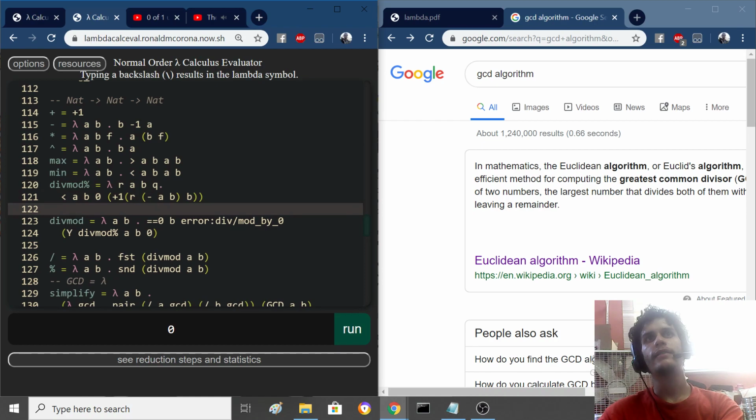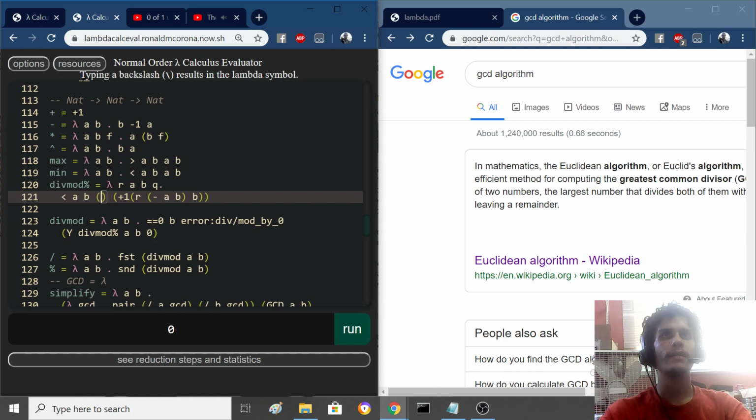So the base case is still when A is less than B. When A is less than B, we'll return this time a pair consisting of the first will be the div and the second will be mod. The div is Q, whatever Q ends up being, the quotient. And then the mod will be A, because at this point A is less than B, and A mod B is A if A is less than B.